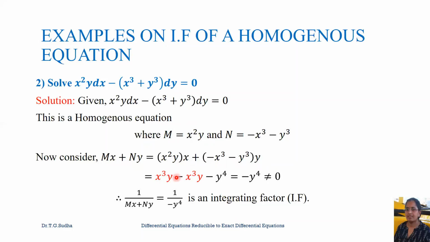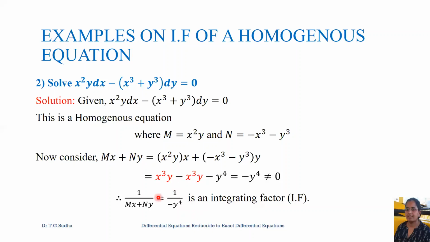Multiplying the terms, we get x³y − x³y − y⁴. Here x³y − x³y gets cancelled and we get minus y to the power of 4, and this is not equal to 0. Since it is not equal to 0, we get 1 over (Mx + Ny), which is equal to 1 over minus y to the power of 4, as an integrating factor.